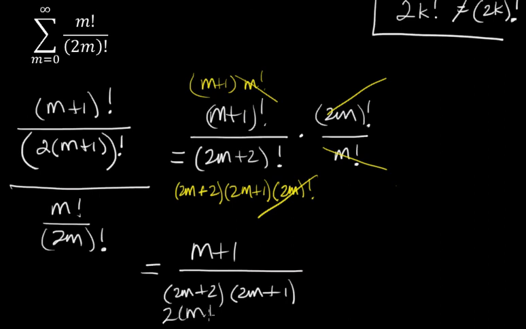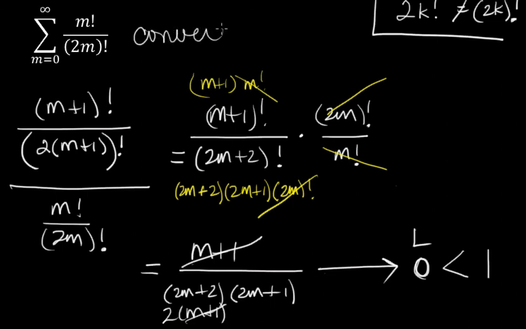This I could write as 2 times the quantity m plus 1, and I could just cancel the m plus 1. And this is simply 1 over something getting large without bound, so the limit is 0. That's our L in the statement of the ratio test, and it certainly is less than 1. So this series converges by the ratio test.